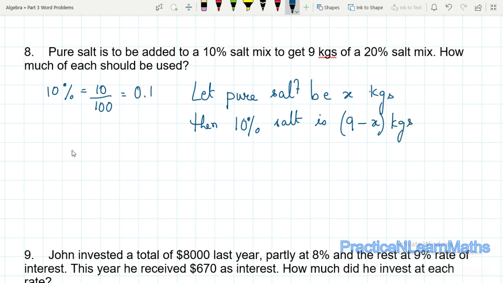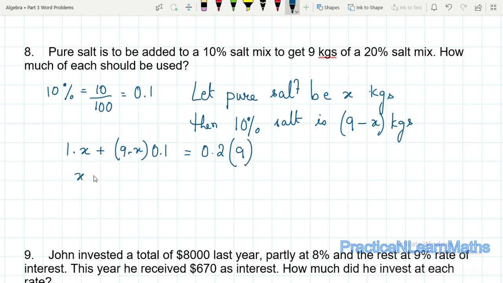So the equation comes as x, since pure salt we take as 1, so 1 times x plus (9 minus x) times 0.1 is equal to 0.2 times 9, since there is a total of 9 kg.